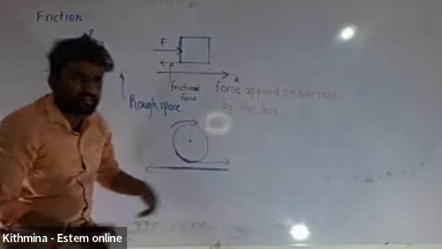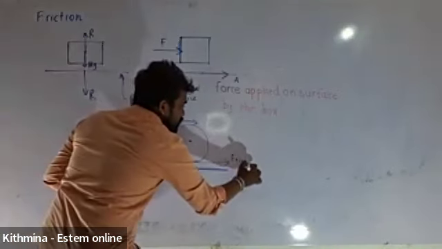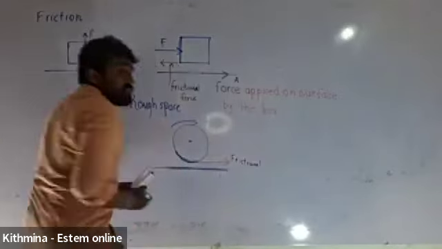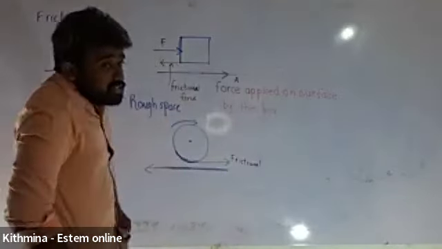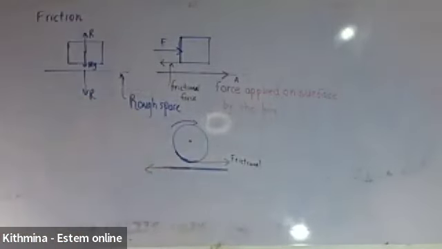You get this? That is how we get the direction of the frictional force. The first thing is identifying the direction of the frictional force in any occasion. Is it okay to you?